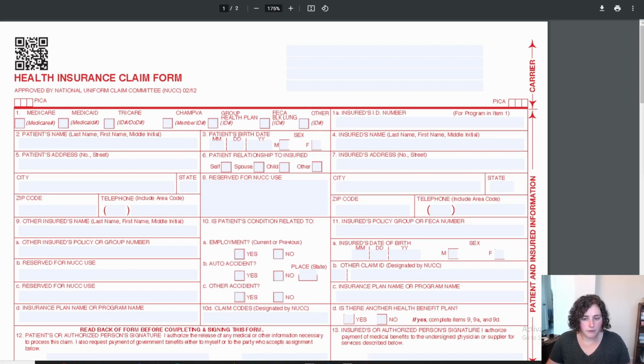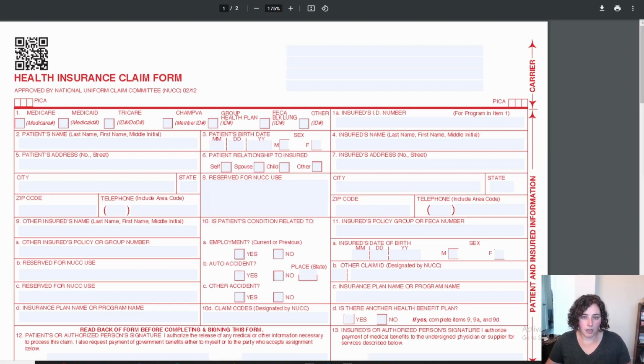So I'm going to walk you through here how to fill out, or know what you're looking at basically, with a CMS 1500 form. So this top right section here, it says carrier. This is generally where the information will be for the specific insurance company. So it'll be the insurance information and also their payer ID.